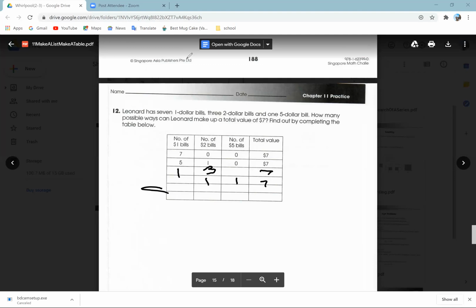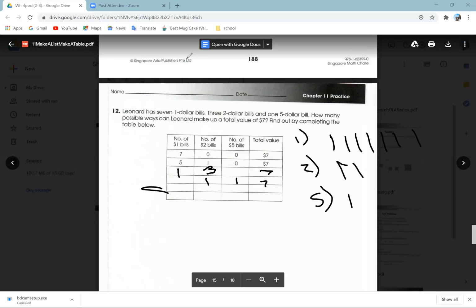So let's think about it. We have 7 $1 bills. Okay, so 1, 2, 3, 4, 5, 6, 7. Okay, 2 $2 bills and 1 $5 bill, right?